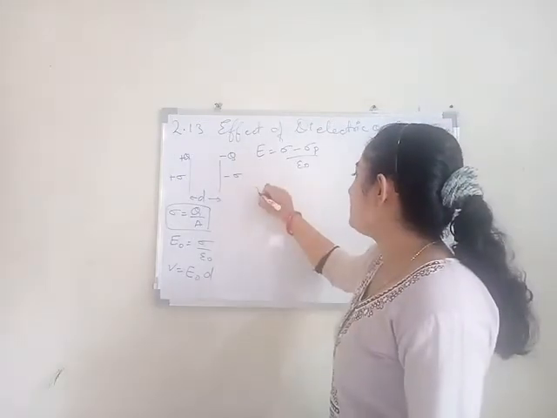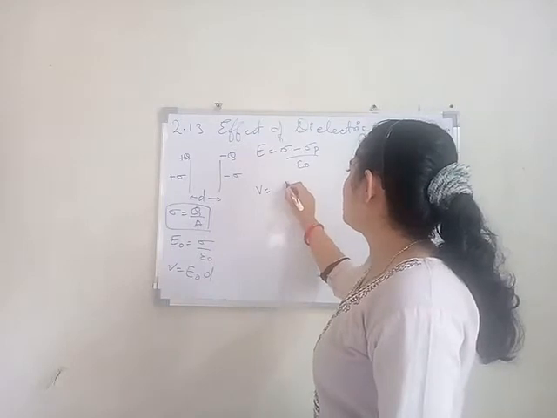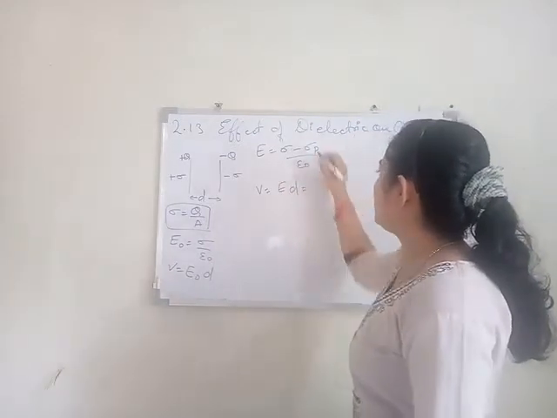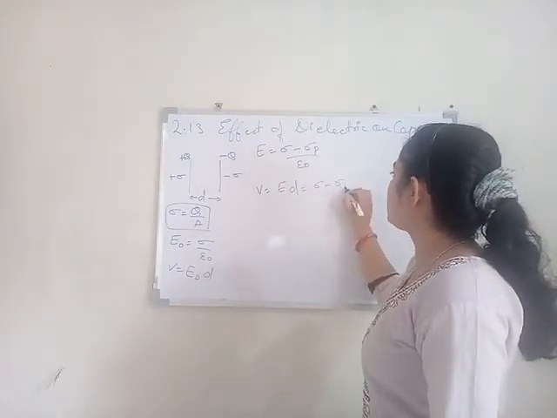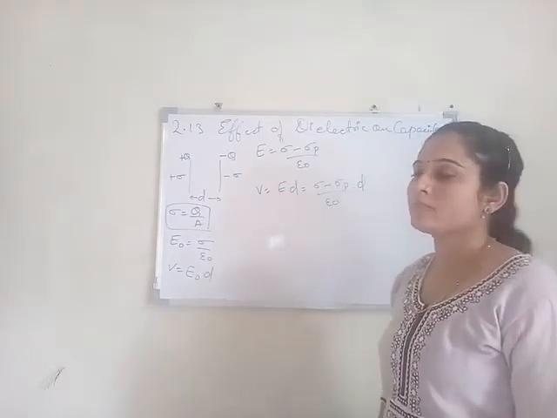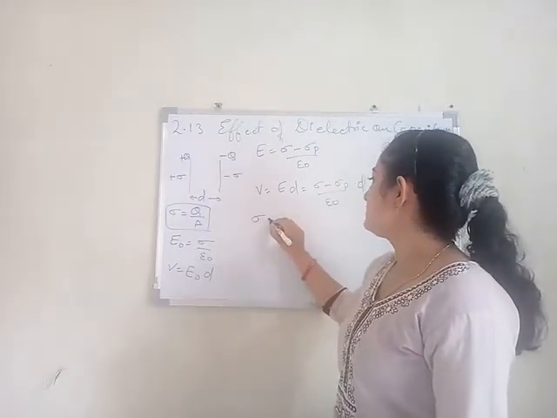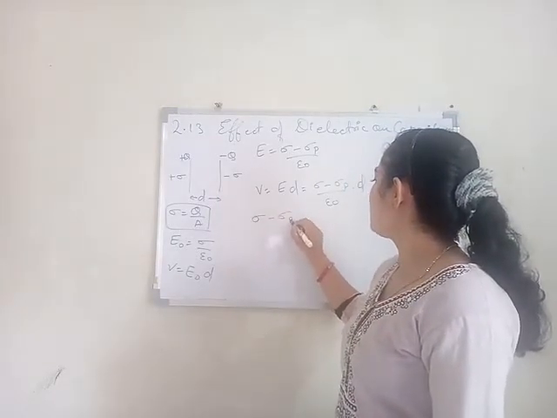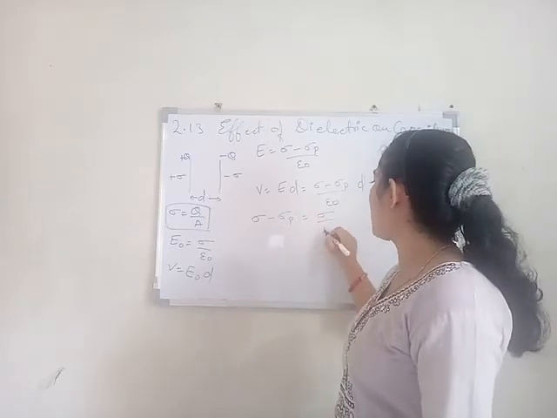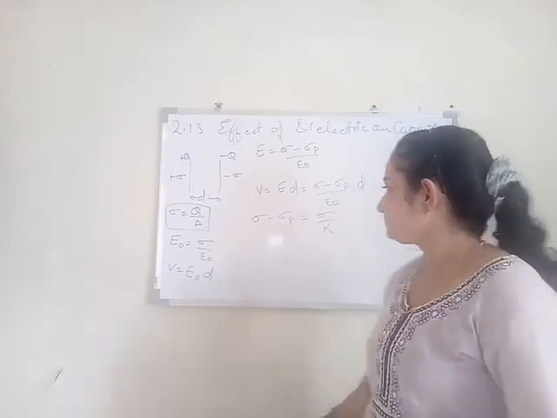So V will be equal to ED. So E is (sigma minus sigma P) upon epsilon 0 into D. Also, this sigma minus sigma P can be written as sigma upon K. This K is the constant.